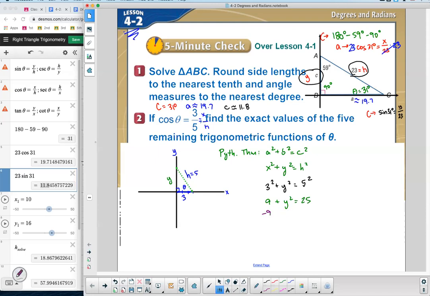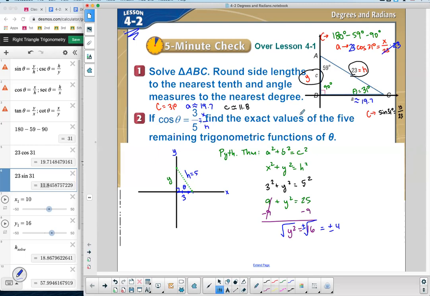We subtract our 9 from both sides. We find out that y squared equals 16. Now, how do you get rid of a square? Square root. Okay, in math, anytime you add a square root, technically speaking, we would say plus or minus. And so we'd find the values either plus or minus 4.